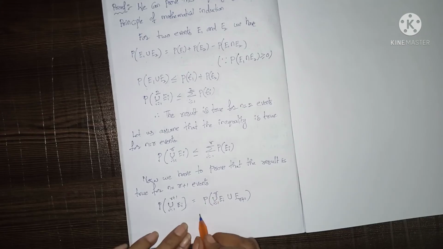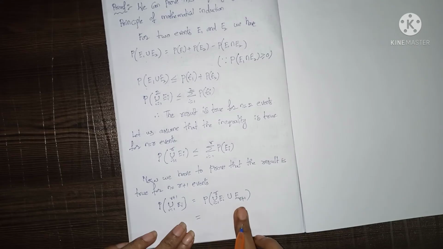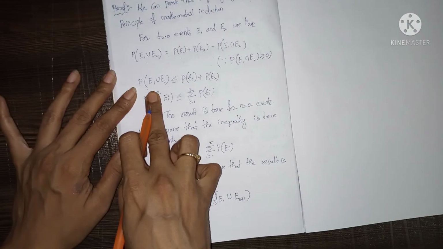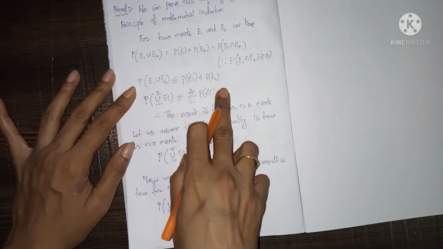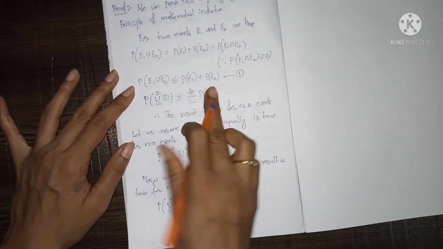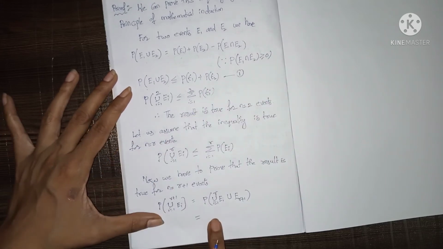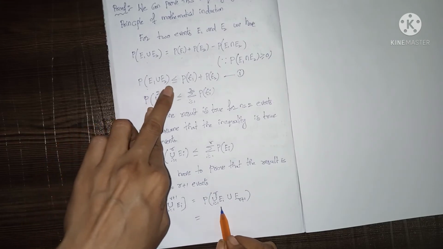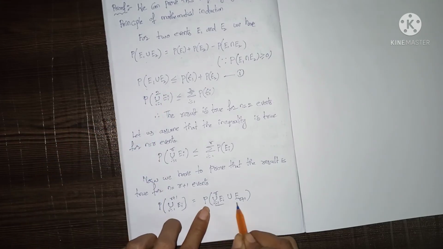This is of the form P of A union B. If you see this one, by using this, we will think of this as 1. So by using this, now we are going to write this term. P of E1 union E2, in the sense this is E1, this is E2.